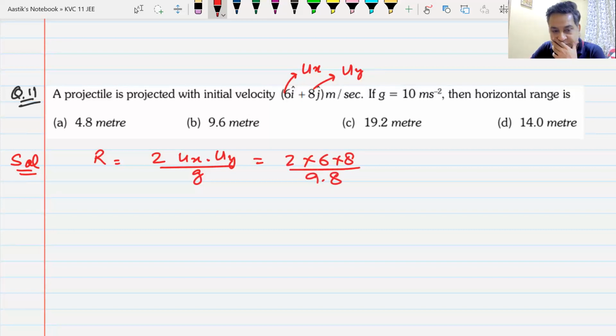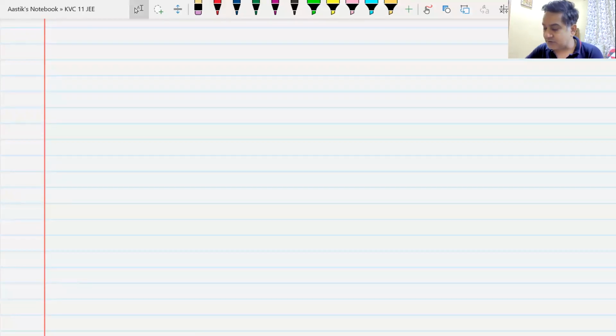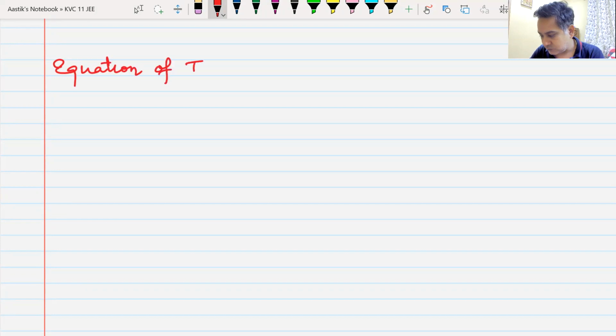Yes or no? Remember, there could be many ways in which you can solve a problem, but you will have to look for the quickest way. That takes us to the next heading, which is already covered before: equation of trajectory of a projectile.